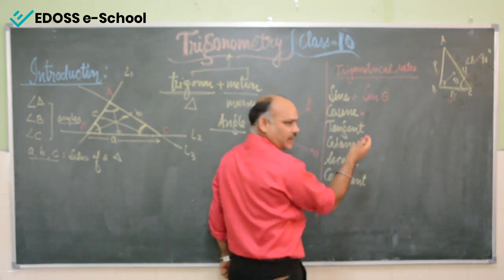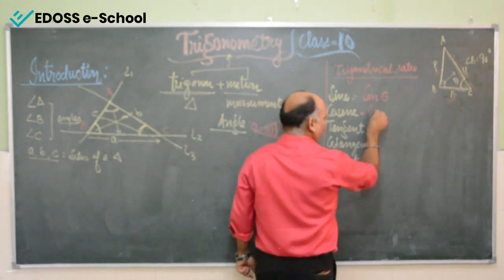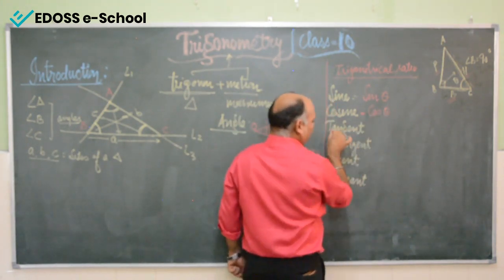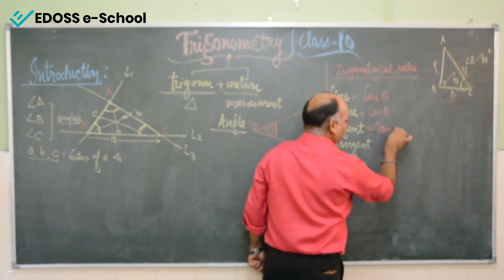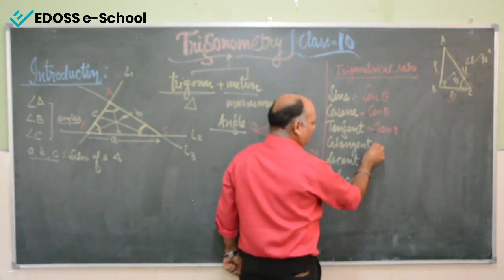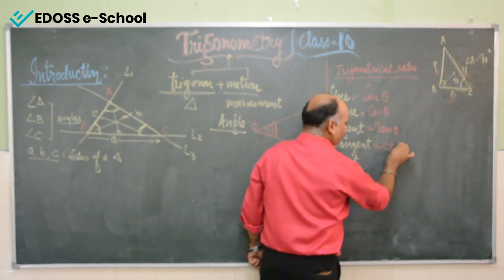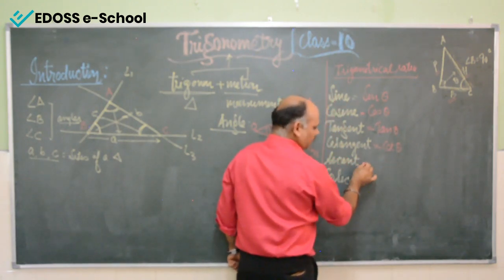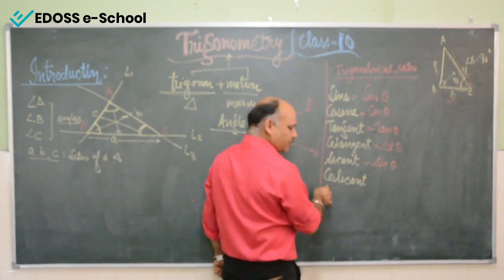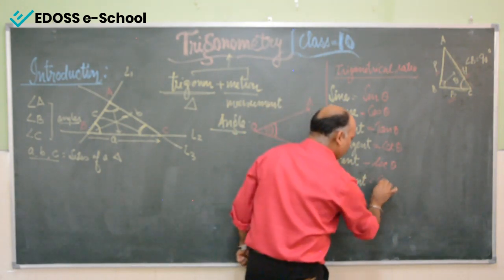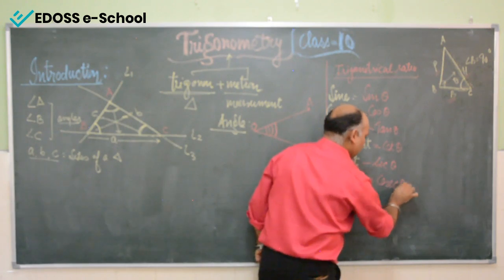Then this cosine can be written as cos of theta. Then this tangent can be written as tan of theta. Then cotangent can be written as cot of theta. This secant can be written as sec of theta, and the cosecant is written as cosec theta.